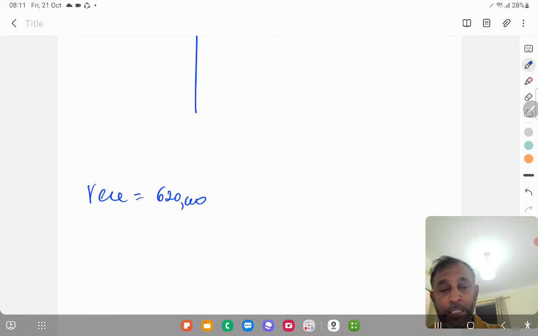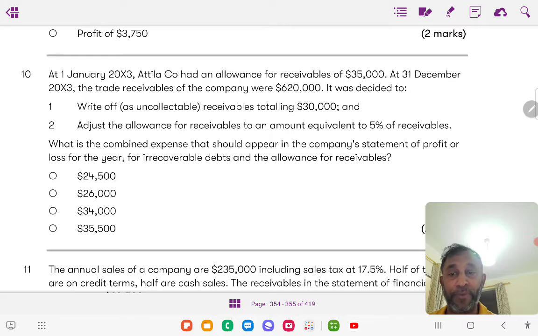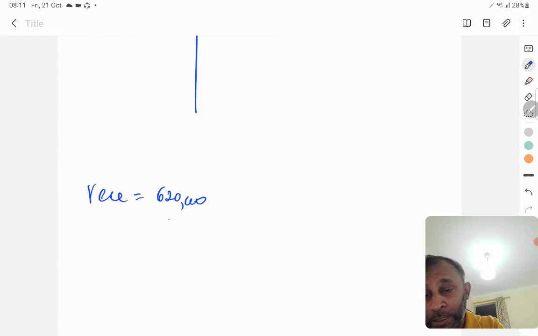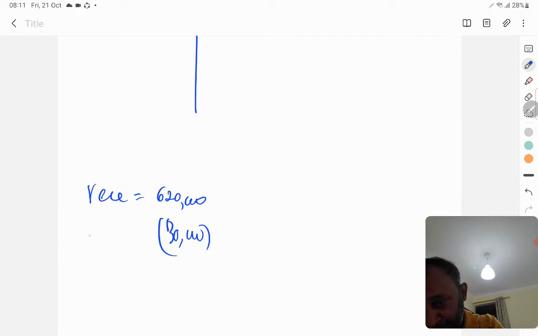620. Now they are giving you two pieces of information: a write off as uncollectible, receivables totaling 30,000. From this 620, we need to subtract 30 as irrecoverable debt.